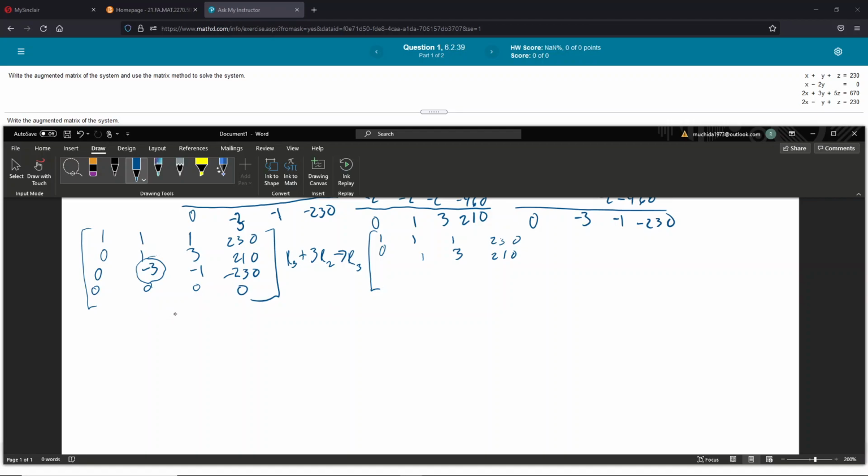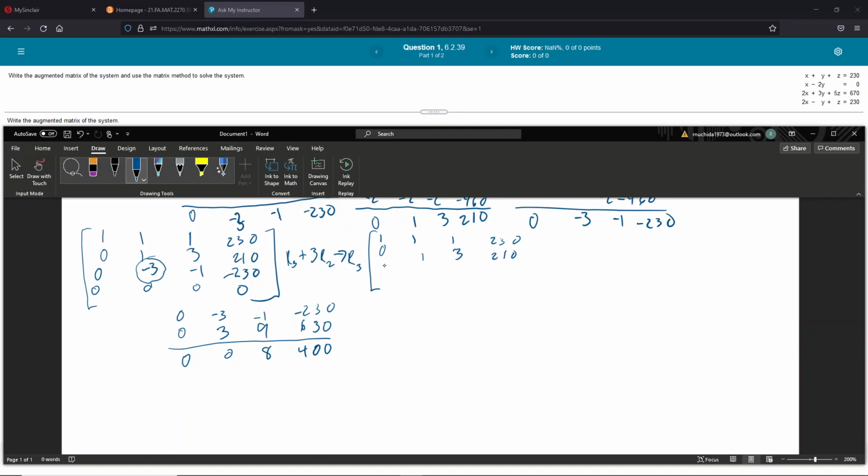To row 3, which was 0, negative 3, negative 1, negative 230, we're going to add 3 times row 2. Well, 3 times row 2 is 0, 3, 9, 630. If we add those two together, we have 0, 0, 8, 400.